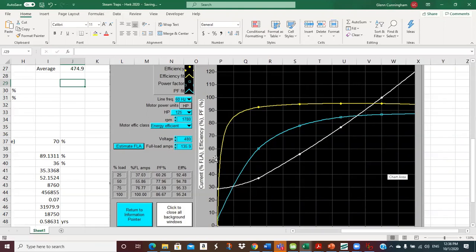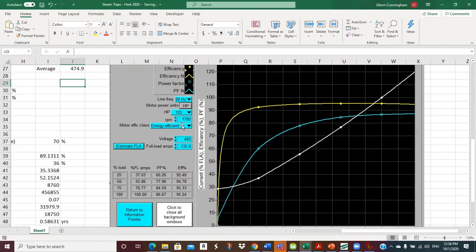And then it will show you the efficiency. This is efficiency, I think. This is power factor, and this is percent full load amps. It also will project the full load amps, and it has different efficiency classes. So if you say energy efficient, your full load amps is a little lower than if you say standard efficiency.